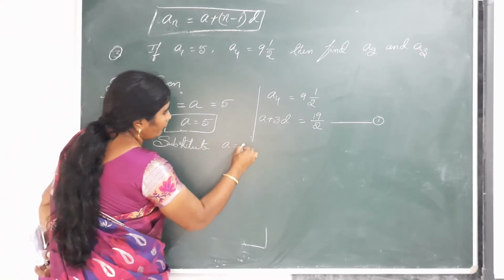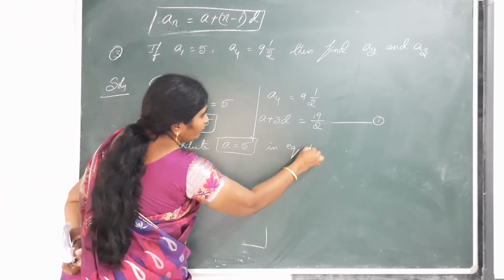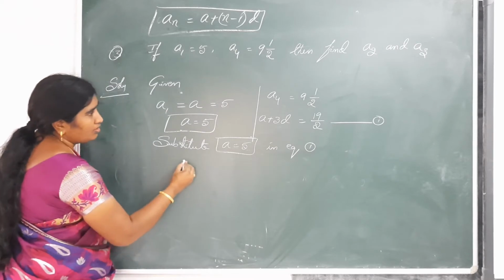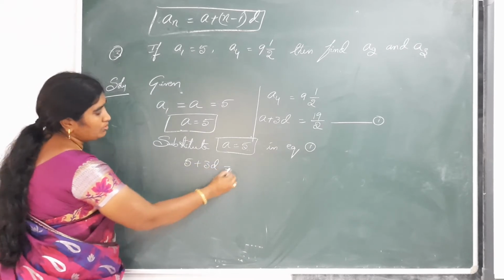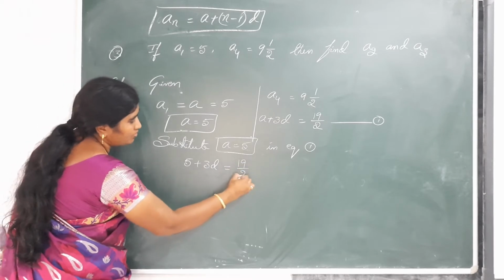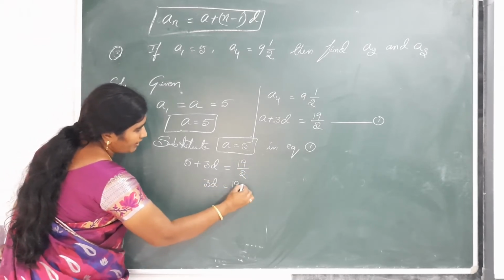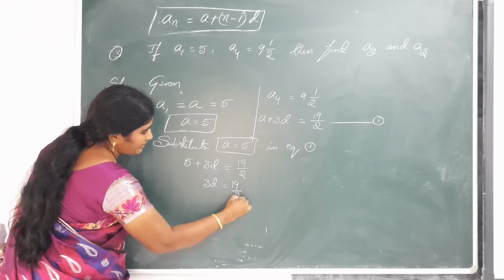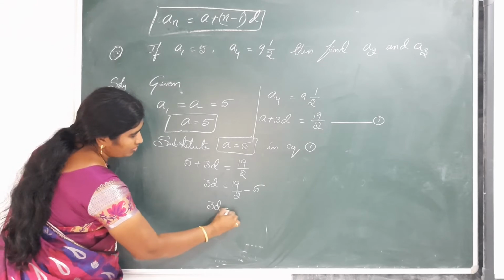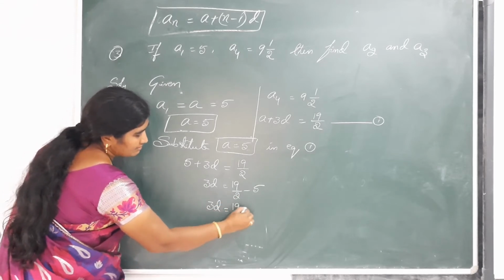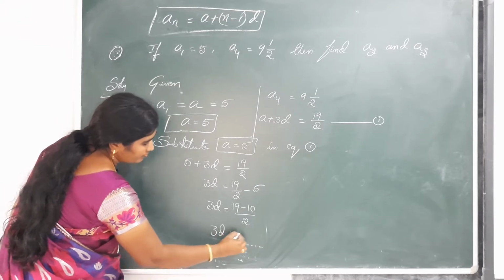Substitute A equal to 5 in equation 1. 5 plus 3D equal to 19 by 2. 3D equal to 19 by 2 minus 5. 3D equal to (19 minus 10) by 2. 3D equal to 9 by 2.